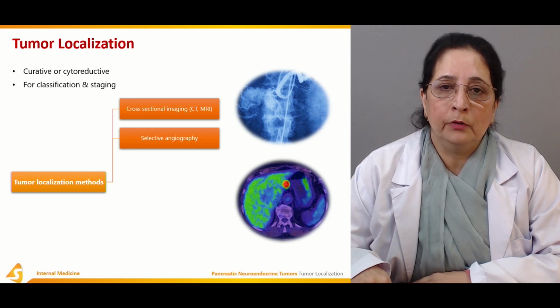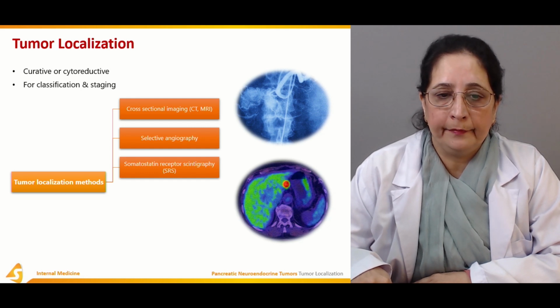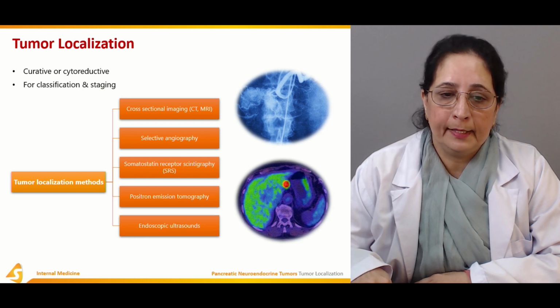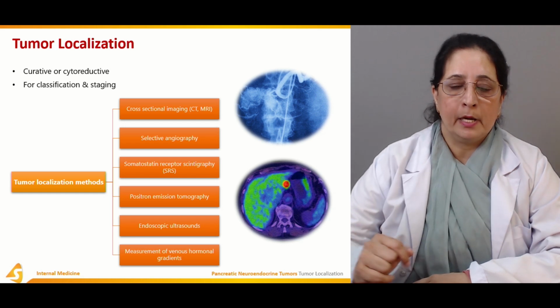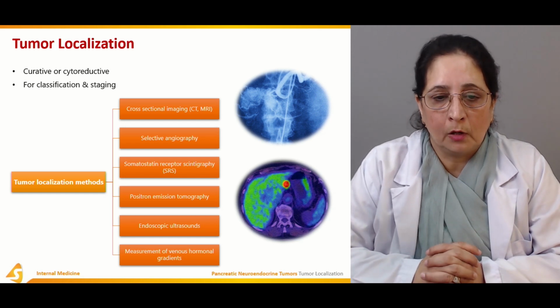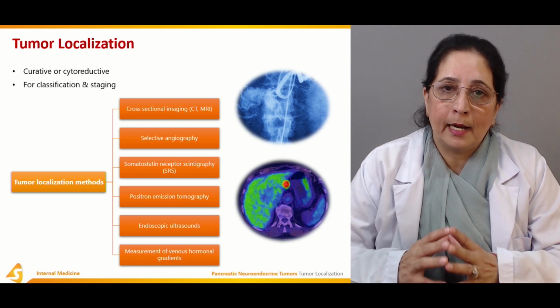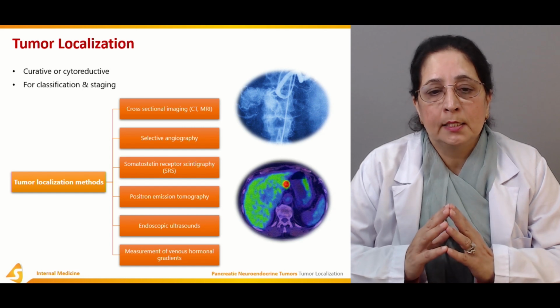Selective angiography, somatostatin receptor scintigraphy, positron emission tomography, endoscopic ultrasounds, and measurement of venous hormonal gradients. So all these are the different methods for localization of the tumor site.